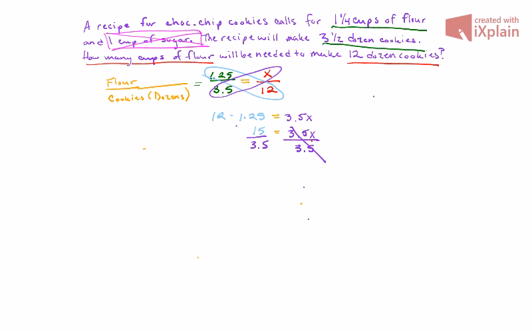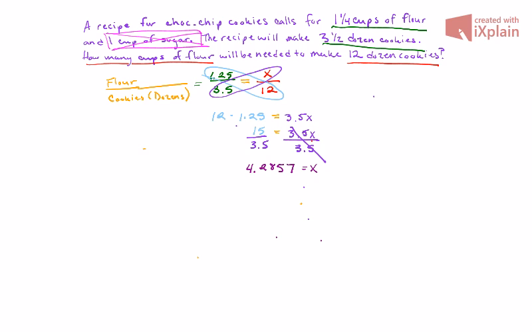These will cancel out. And our final solution, if you do the division, is 4.2857, and it continues on. But this is what x is equal to. Well, you want to think in terms of the context of the problem.